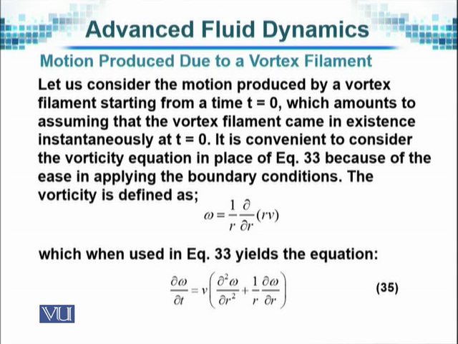Then we consider the motion produced by a vortex filament starting from time t equal to 0. In this case, the equation is reduced to this, where the term we denote by omega is the vorticity, expressed in terms of the velocity v.